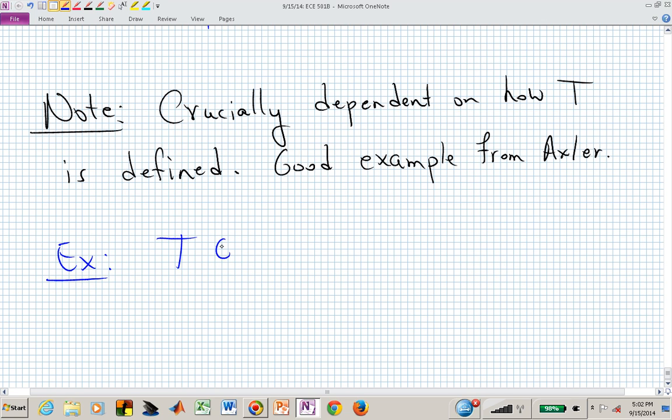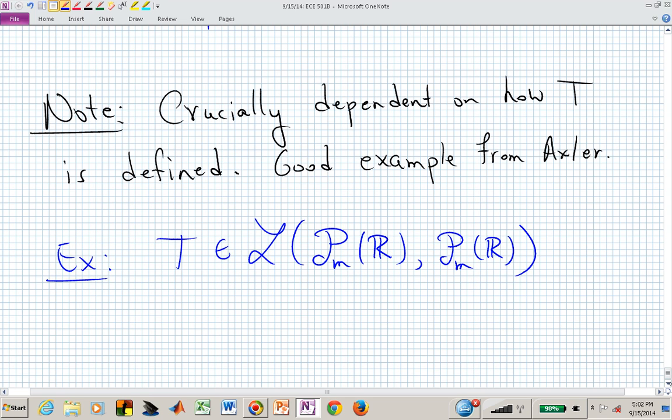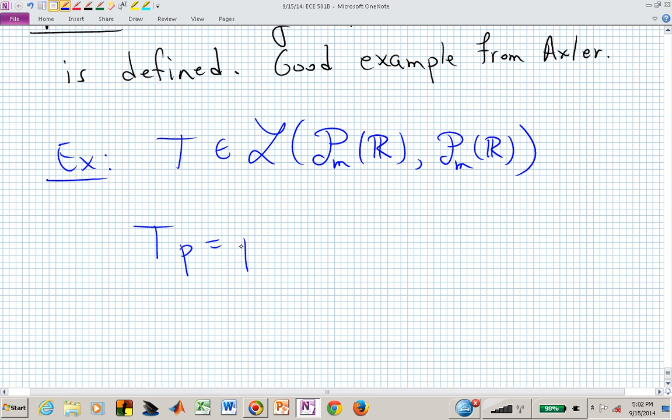Suppose that now we have T is an element of L of mth order polynomials is the domain, and suppose that the codomain is also the set of all mth order polynomials. And this is the differentiation map, meaning now Tp is P prime.